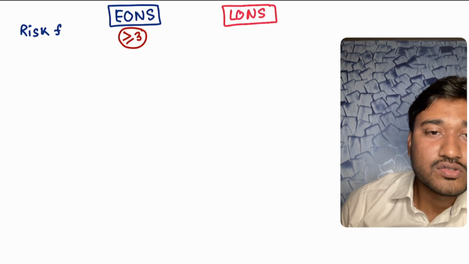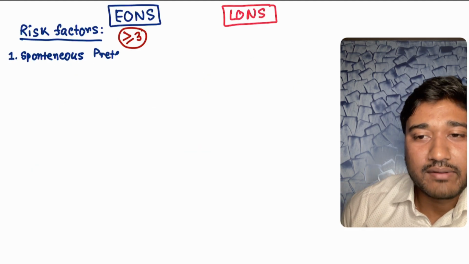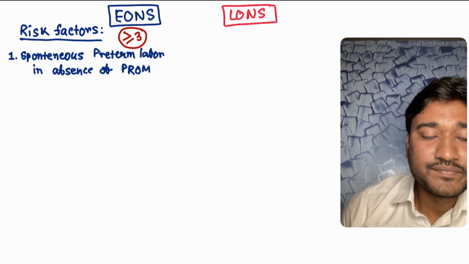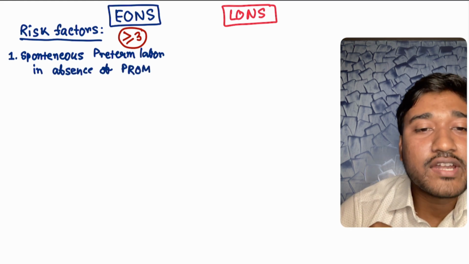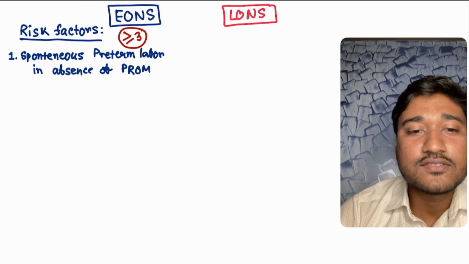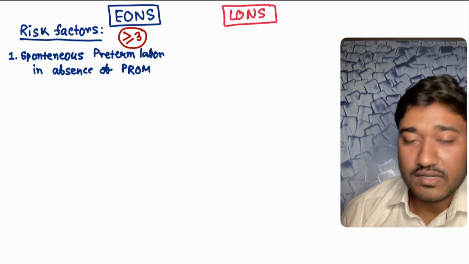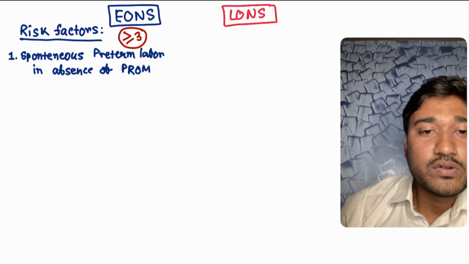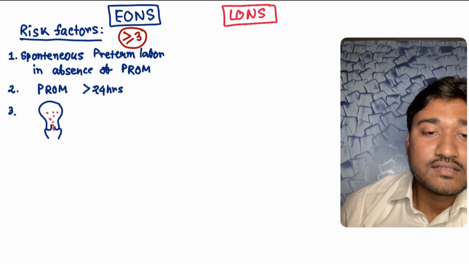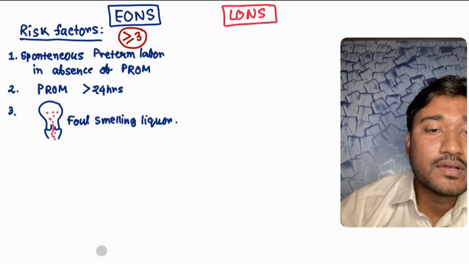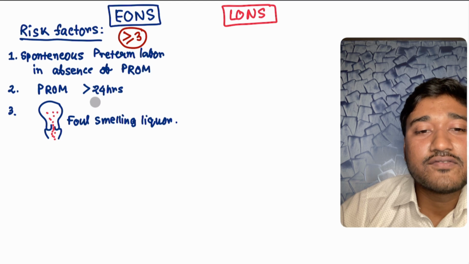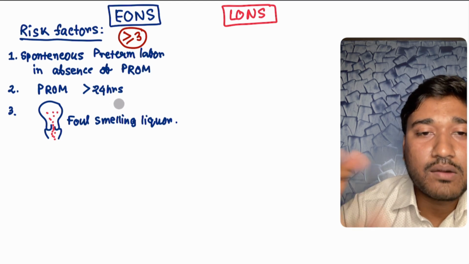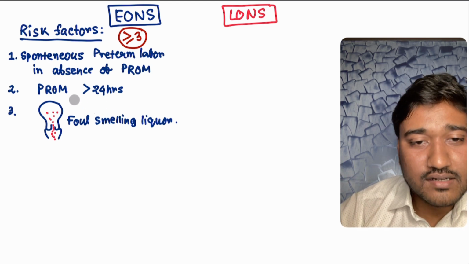Okay, so what are the risk factors for developing early onset neonatal sepsis? Remember, if there is spontaneous preterm labor in absence of PROM, that is premature rupture of membrane, it could be a risk factor for EONS, early onset neonatal sepsis. Suppose there is PROM persisting for more than 24 hours, it eventually becomes a risk factor.